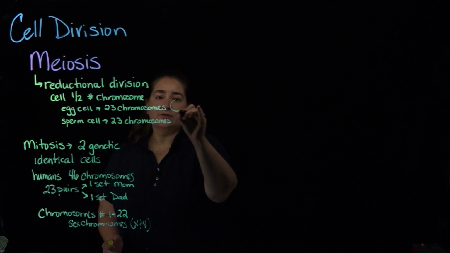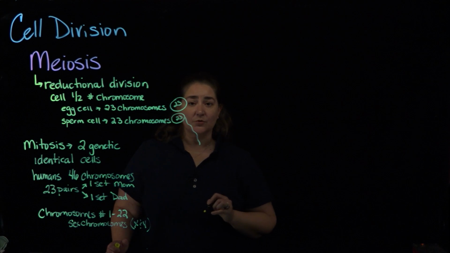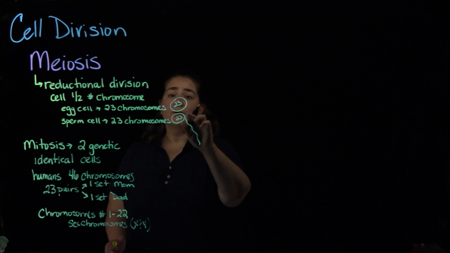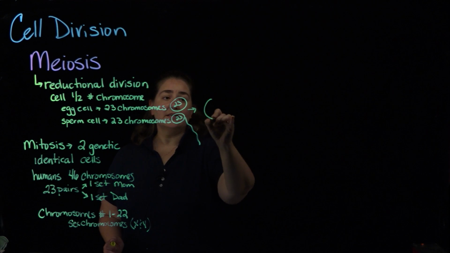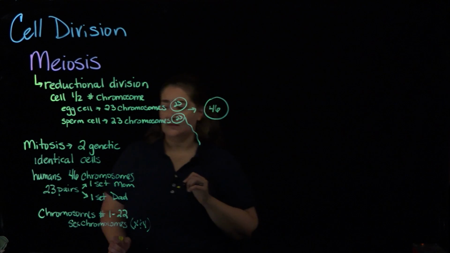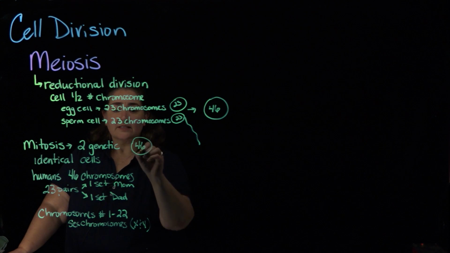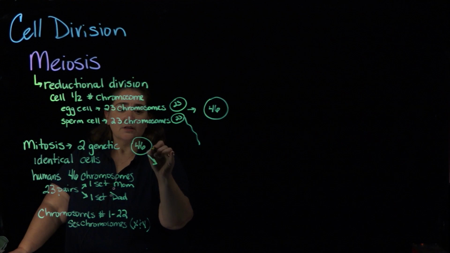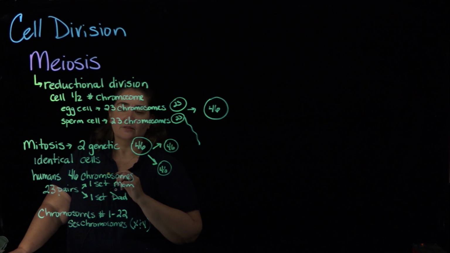So if I draw our egg with 23 here, this is going to be our sperm with 23, okay? When those two come together, okay, that's going to give one cell that has 46 chromosomes, okay? Whereas in mitosis, we've got a cell with 46 chromosomes, undergoes replication to give two more cells that have 46 chromosomes, okay?